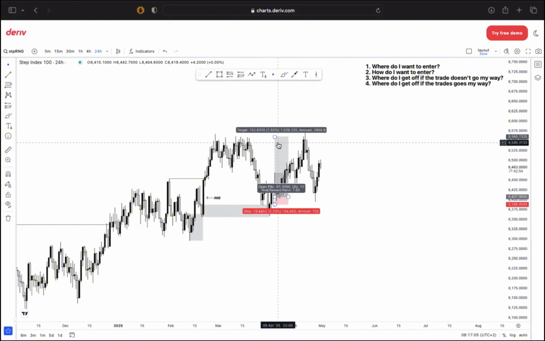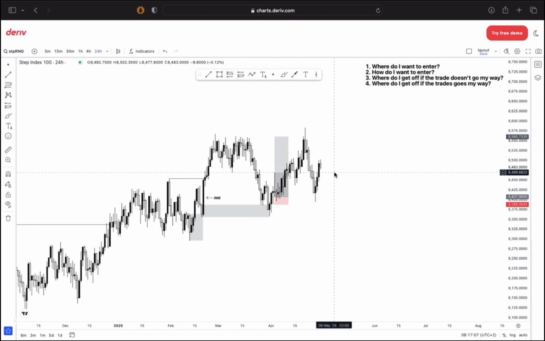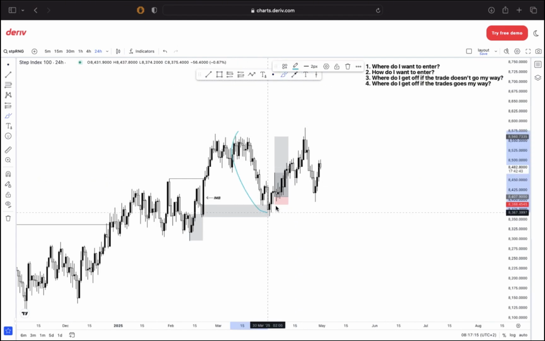Now, from my previous lessons, I did mention something that was very, very important, that these higher time frame price legs, right? These higher time frame price legs, they translate into trends on a lower time frame.